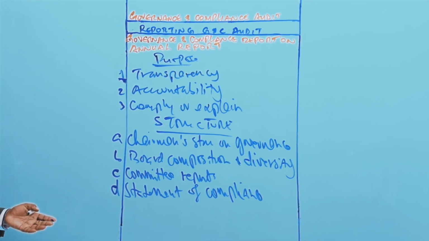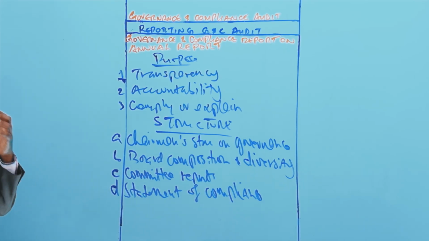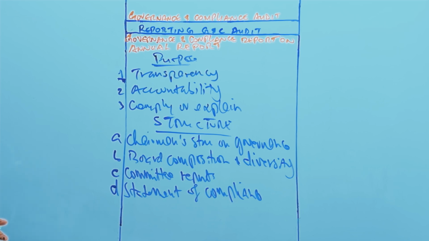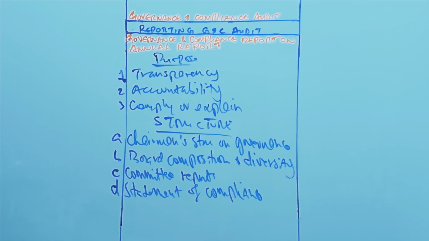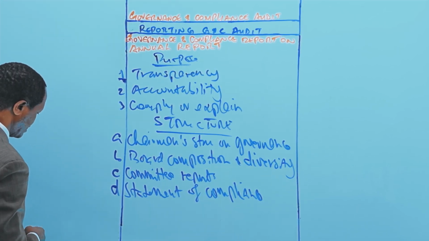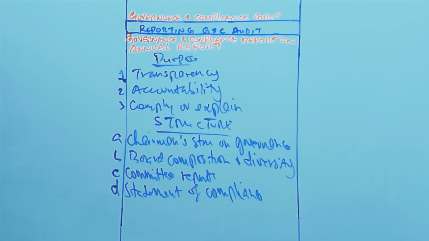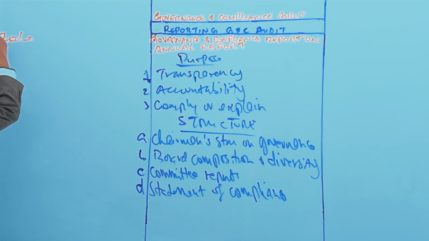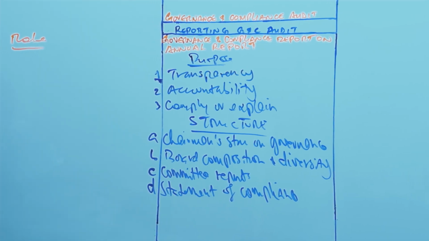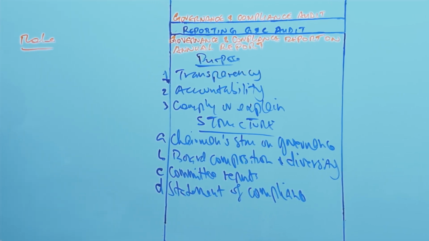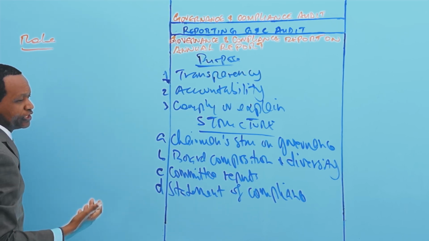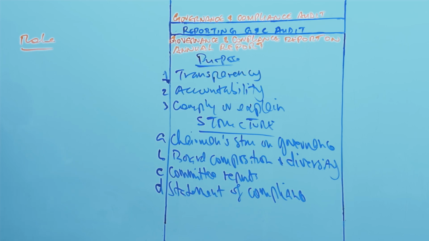Now, what then is the role of the auditor when it comes to the annual report? Let's discuss the role of the auditor. While the annual report is prepared by the management and approved by the board, the auditor has a specific role regarding this section.